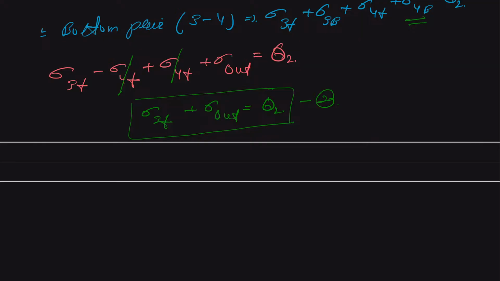Now we are going to use the equipotential condition because plate number 1 and 2 are connected and plate number 3 and 4 are connected with each other. So they will respectively be at the same potential.